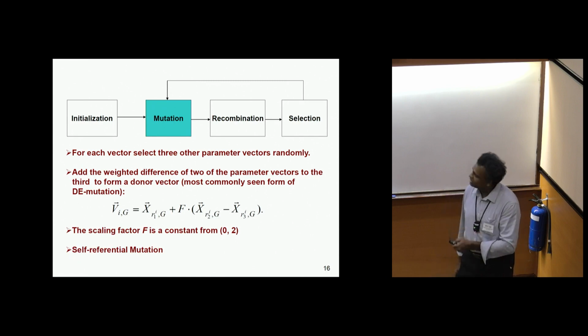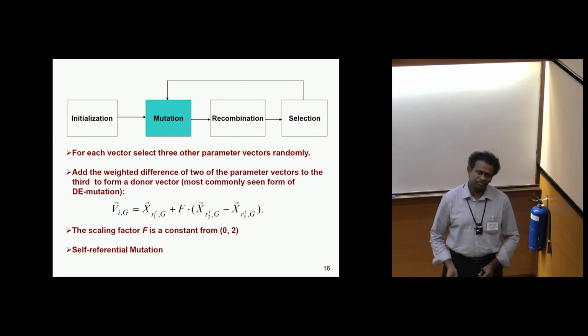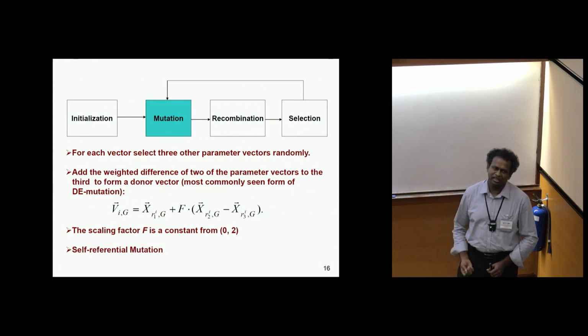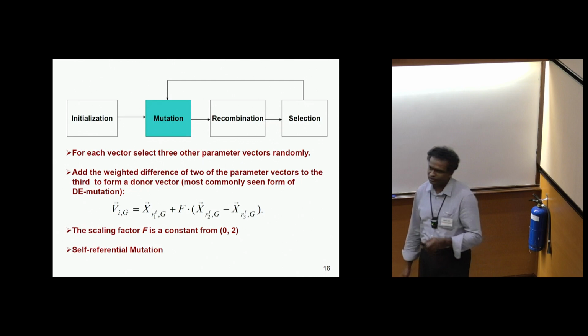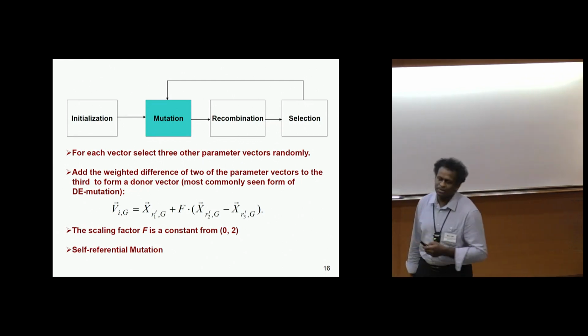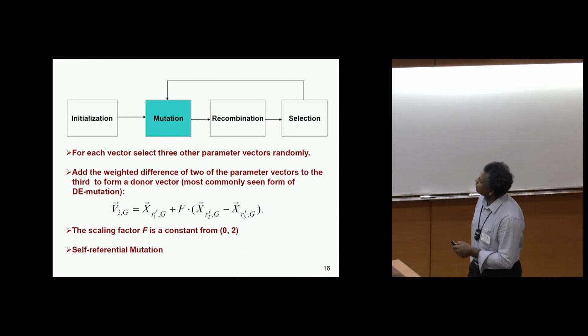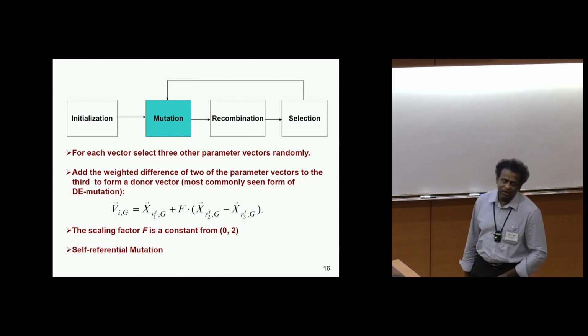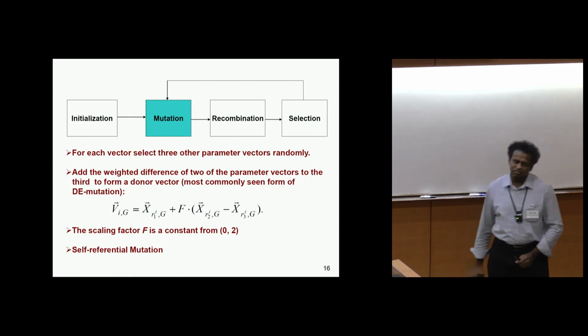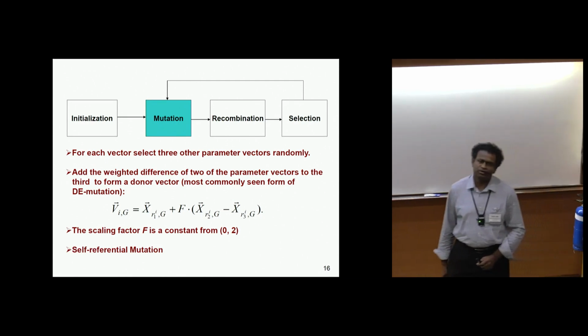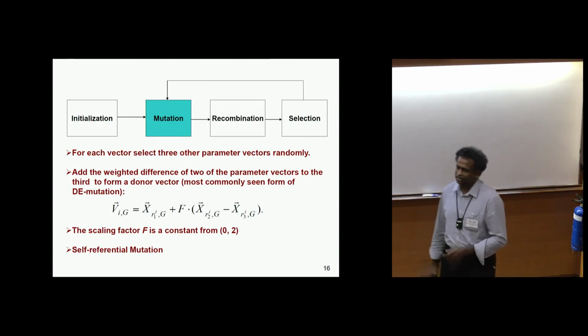That is why we say self-referential mutation. That means you don't need to specify the sigma value, the standard deviation or something like that, explicitly. So specifying F is a lot easier than specifying the sigma value in the Gaussian mutation or Levy mutation or something like that.